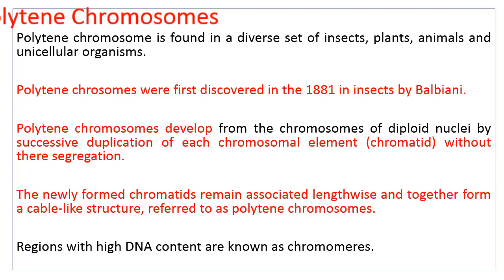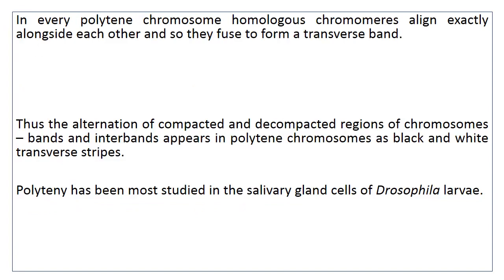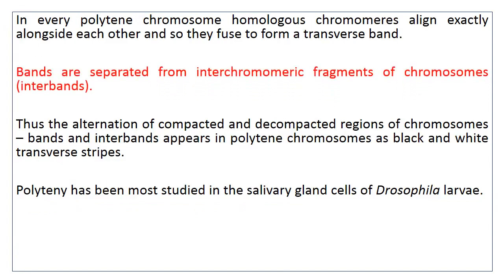The darkly stained region is that portion of the polytene chromosome that has high DNA content or thick DNA. As already discussed, a polytene chromosome is the juxtaposition of homologous pairs of chromosomes, which then form a thin thread of chromosomes.